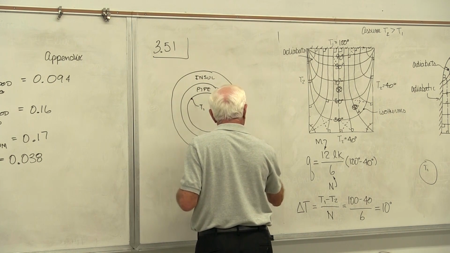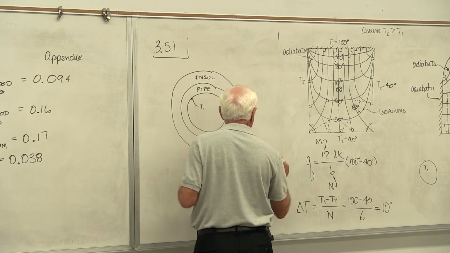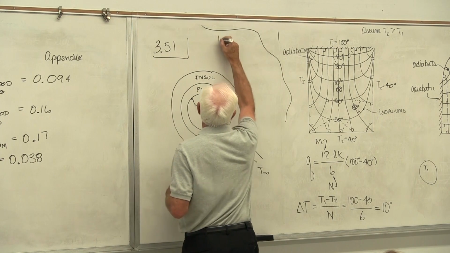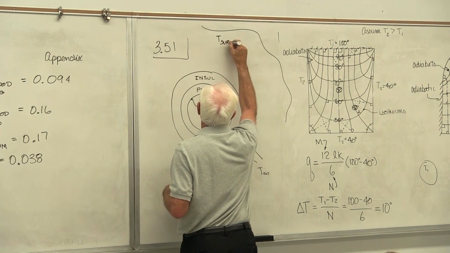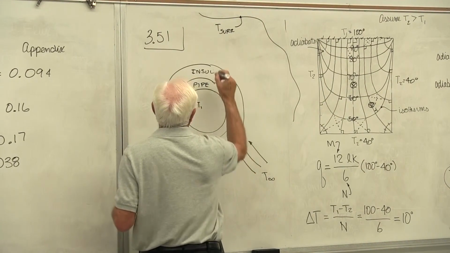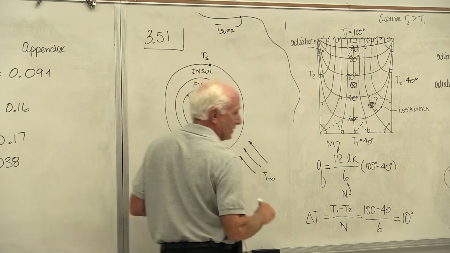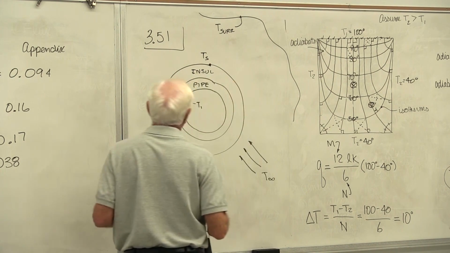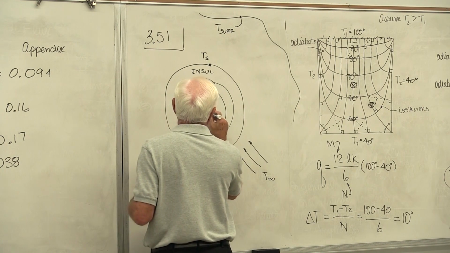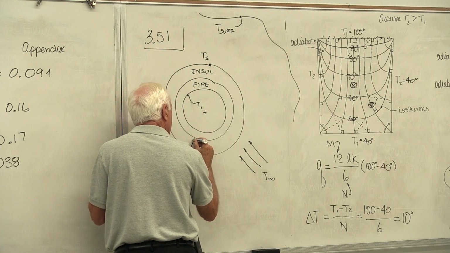There's convection to T infinity. It's located in a large room whose walls are at T surroundings. I know the temperature on the outside surface, TS. He told me what it was. And he wants to know how thick the insulation should be. Thickness.